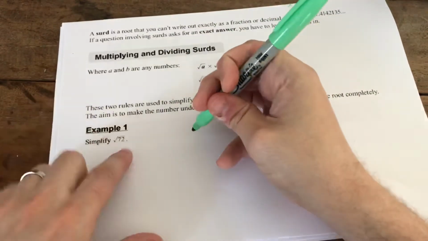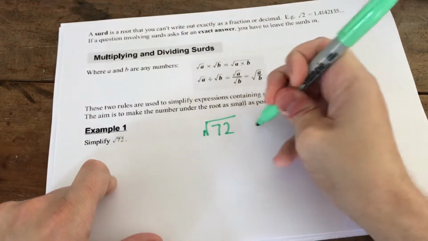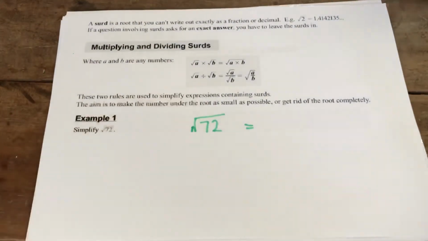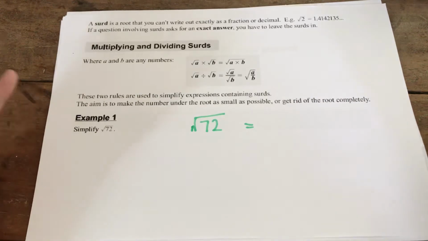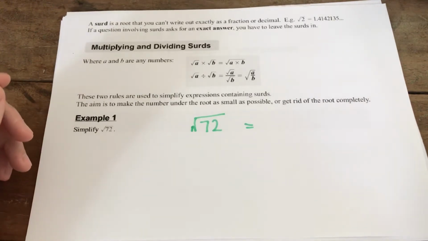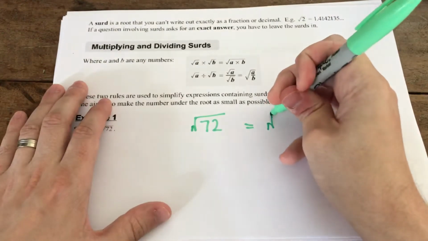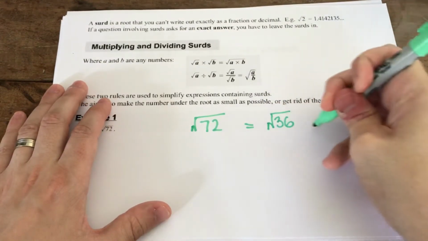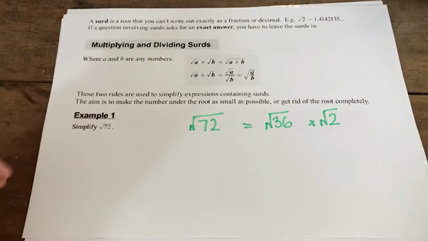So if we're going to simplify the square root of 72, what we do is we look for the biggest square number that goes into 72. The biggest square number that goes into 72 is 36, and 36 is multiplied by 2 to give us that.